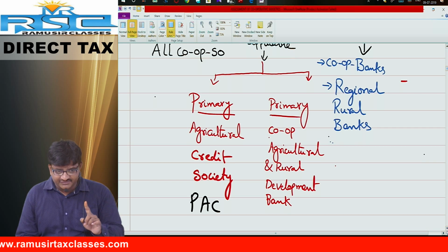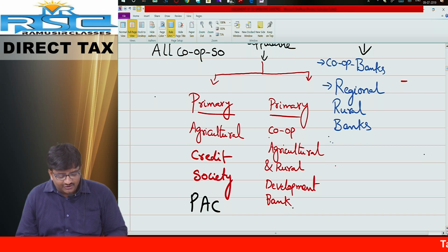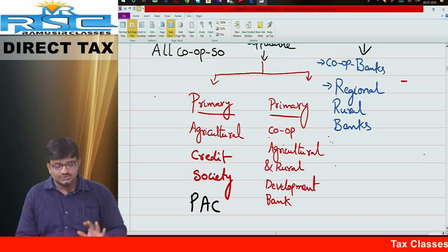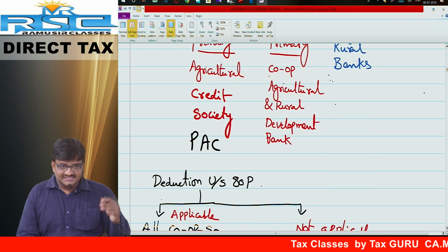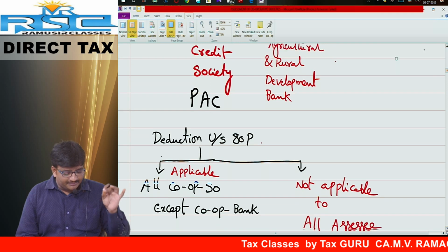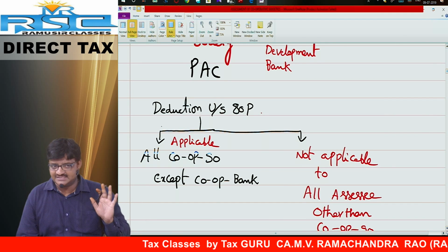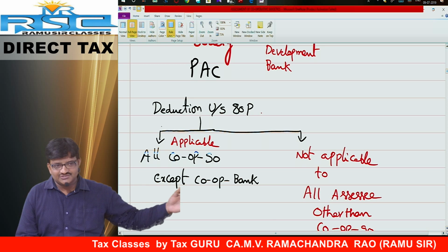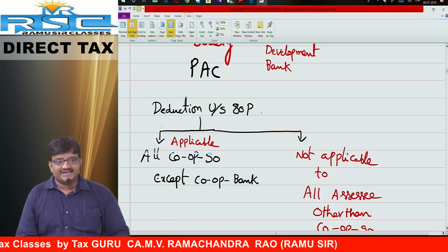I repeat, this deduction is applicable for a primary cooperative agricultural and rural development bank. So this is the applicability of 80P deduction. Once again, friends, deduction under 80P is applicable to all cooperative societies except cooperative banks, but not applicable to individual, HUF, artificial juridical person. These people cannot claim deduction under 80P.